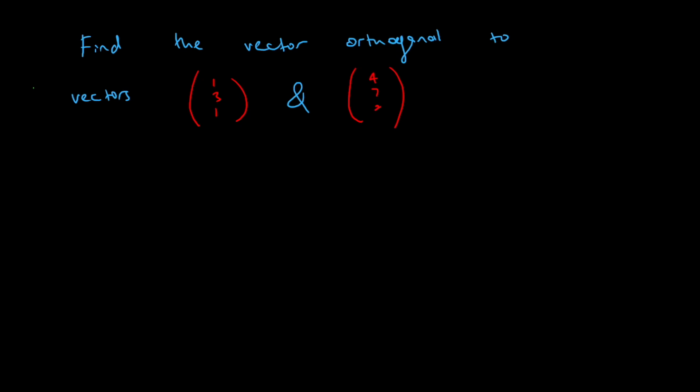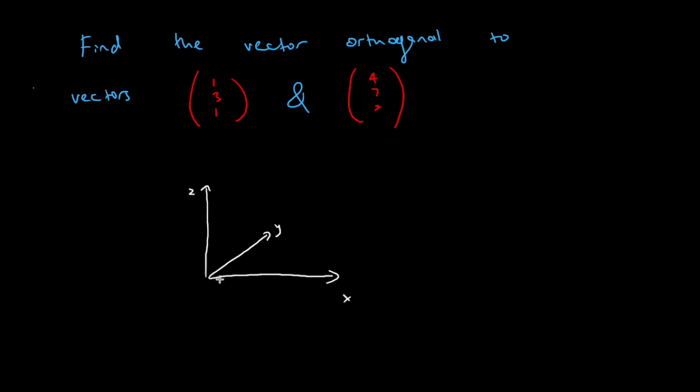Alright, this question is asking for the vector orthogonal, which is just a fancy word for perpendicular, to vectors 1, 3, 1 and 4, 7, 2. So let's graph this. Here are my axes, x, y, z.